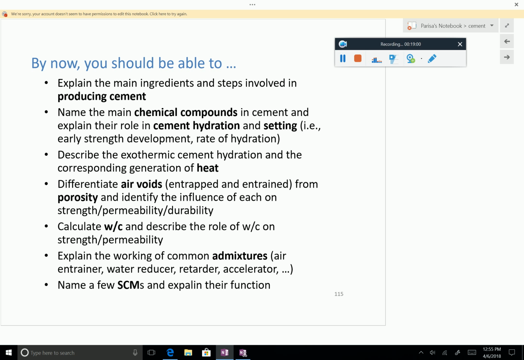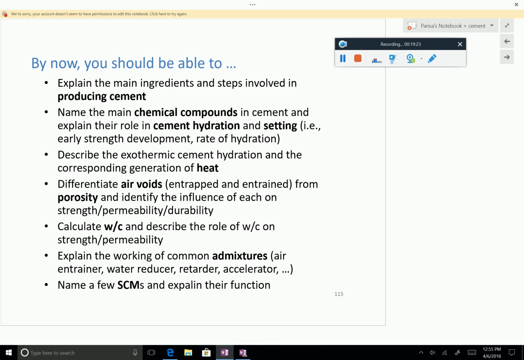It's important to know the 4 important chemical compounds in cement and the role of each one of them in cement hydration, heat release, and setting, in terms of early strength development and rate of hydration.